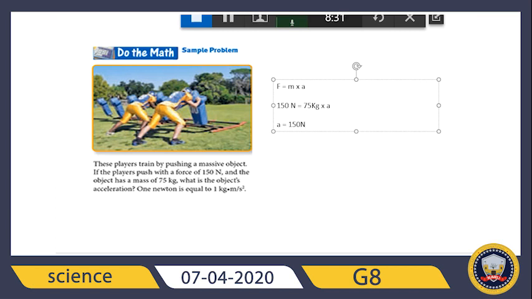Using units is so important in our calculation. So 150 Newton divided by 75 kilogram.